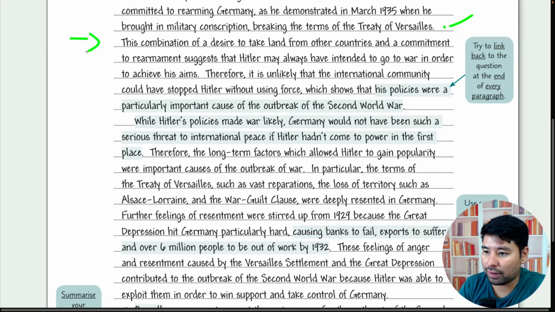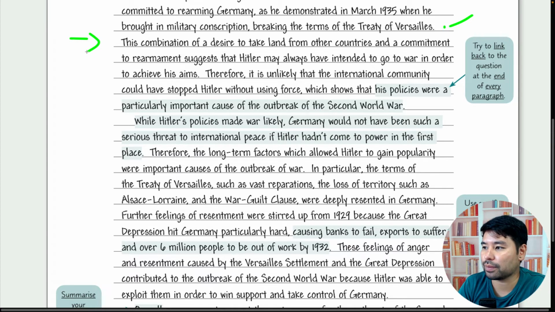And while Hitler's policies made war likely, made the chances of having a war high, Germany would not have been such a serious threat to international peace if Hitler hadn't come to power in the first place.